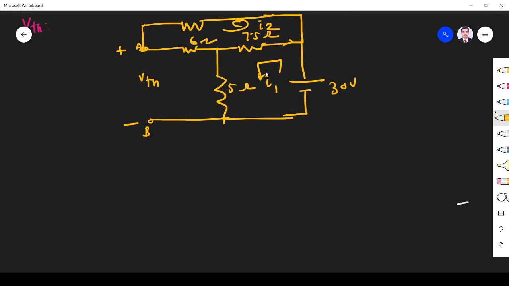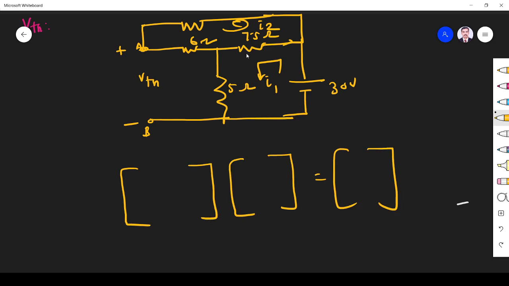First I apply KVL for this loop, or I apply loop analysis. So what is the total resistance? 12.5, right? I applied loop analysis, mesh analysis, for these two loops.